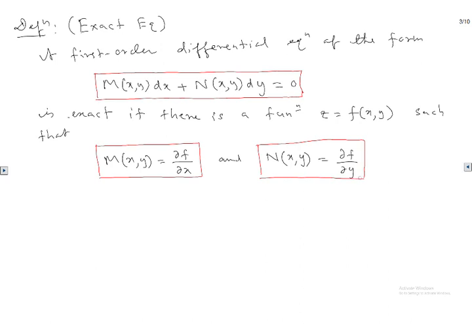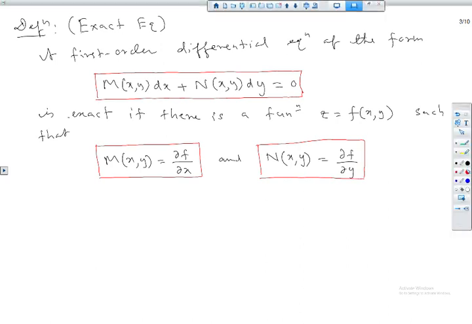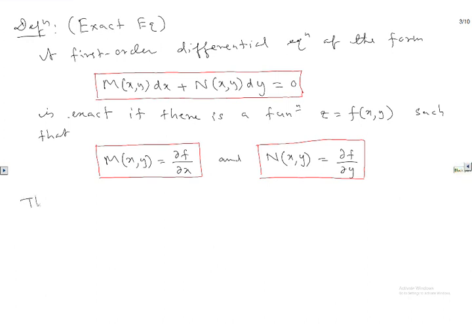Good. So let's talk about a criterion, how to find such a function. So the theorem: criterion for an exact equation.